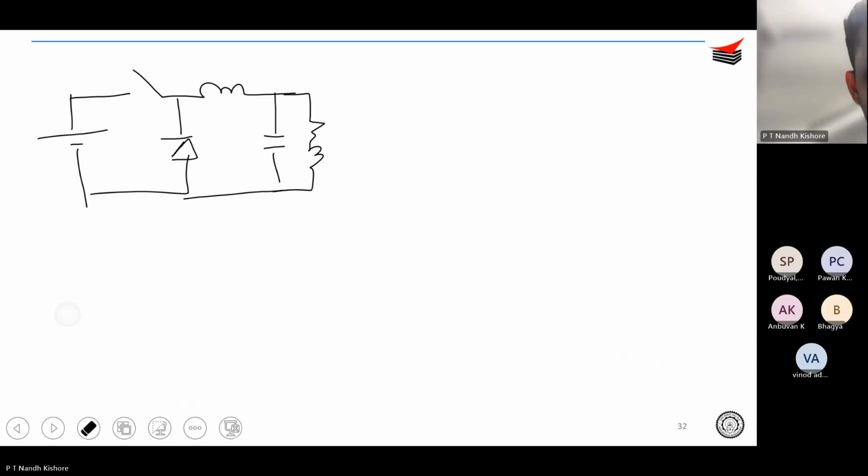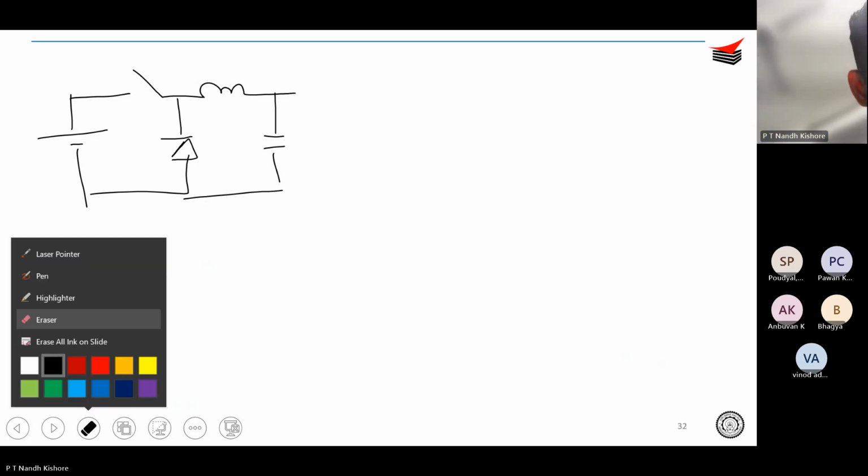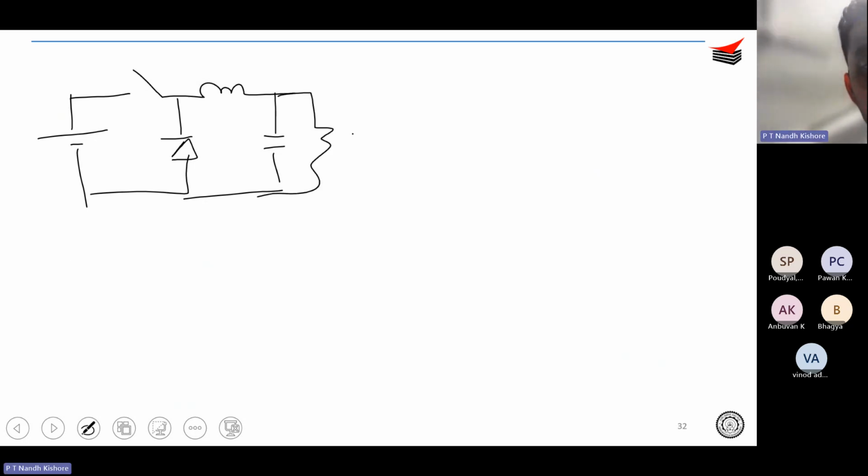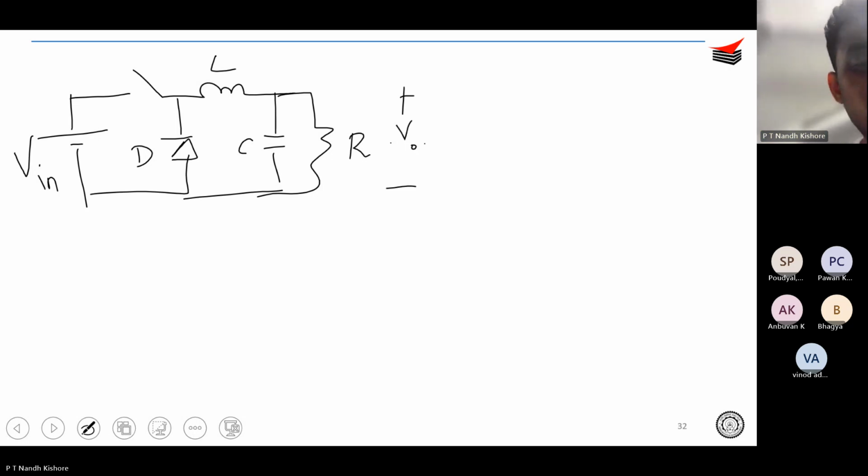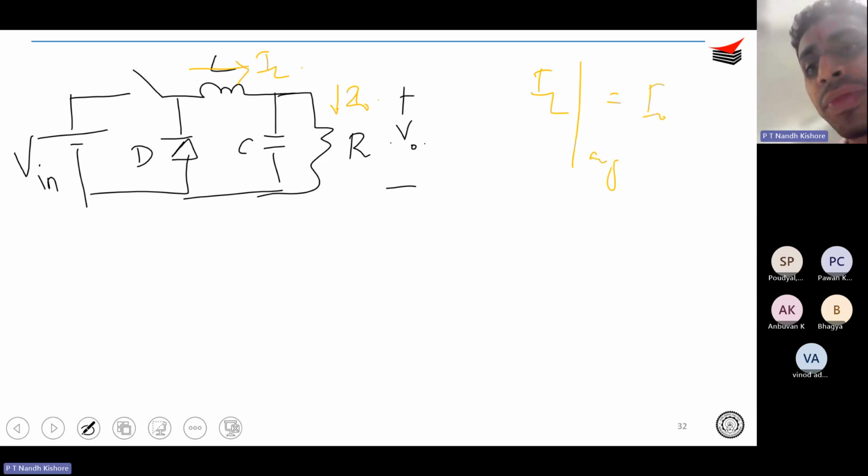So you have your R, you have your L, C, D, and then you have your V in and then V naught. So what is your IL average in a buck converter? Your IL average is equal to I naught average. I naught is obviously V naught by R.